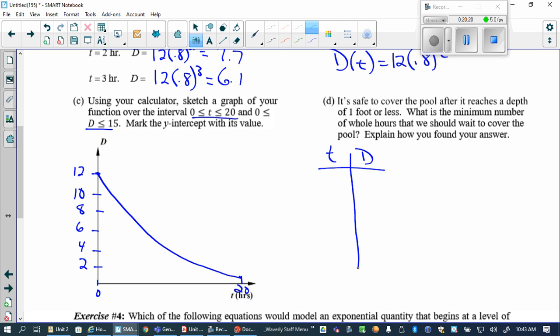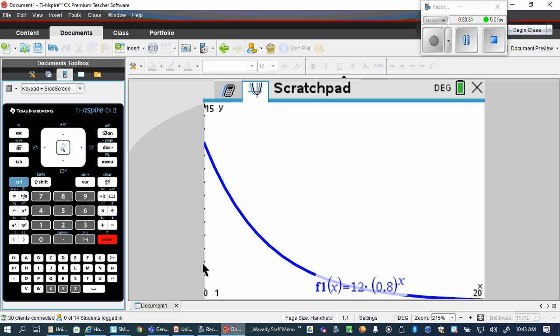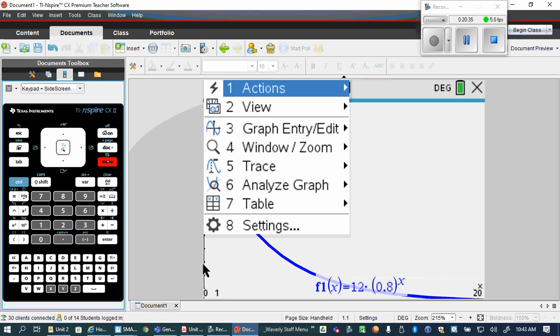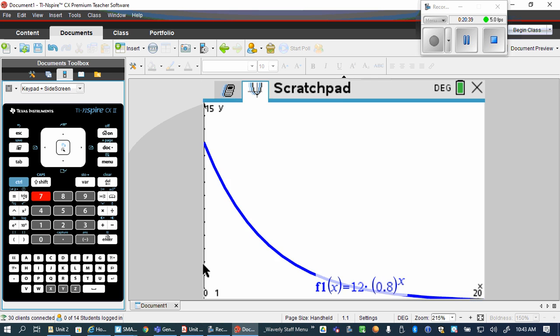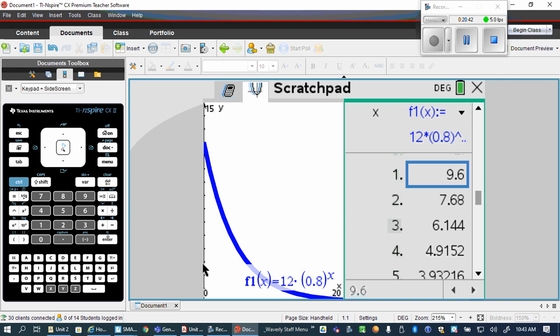Remember, your calculator will do a table. Control T, or menu, 7 is table. So there's a table of values. This is kind of what we calculated.